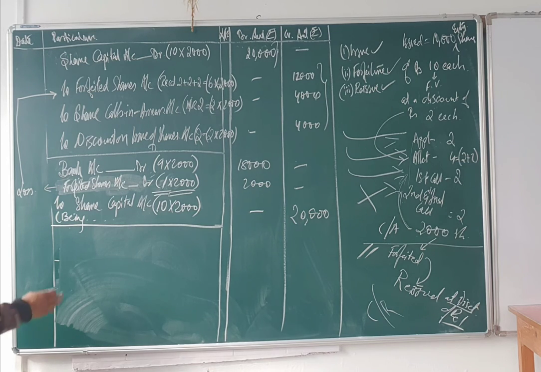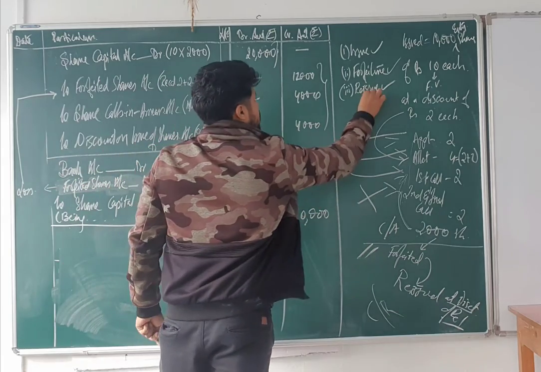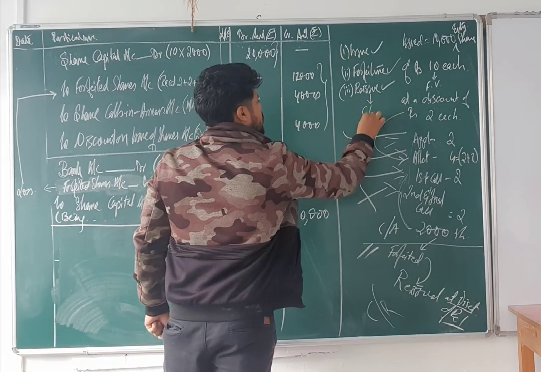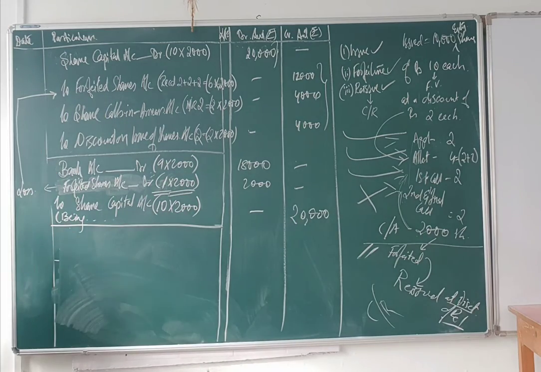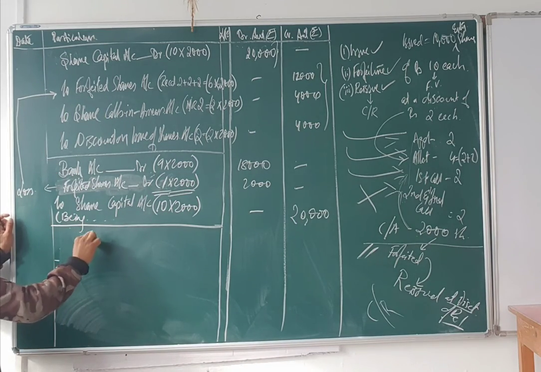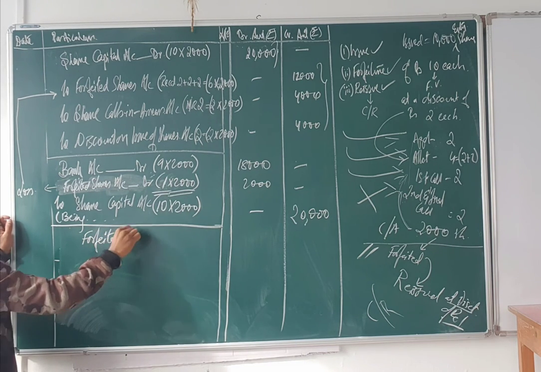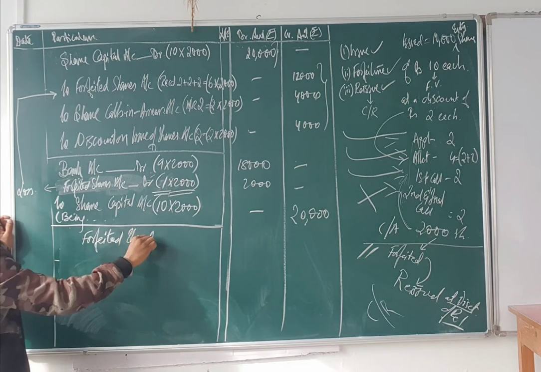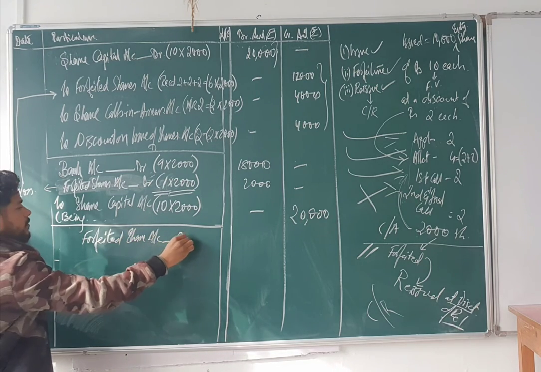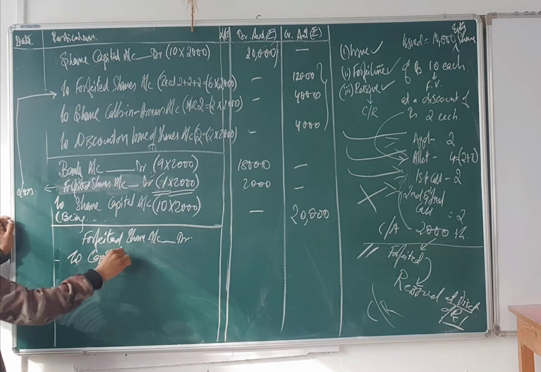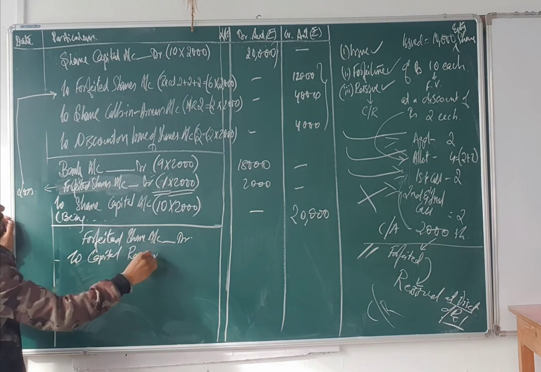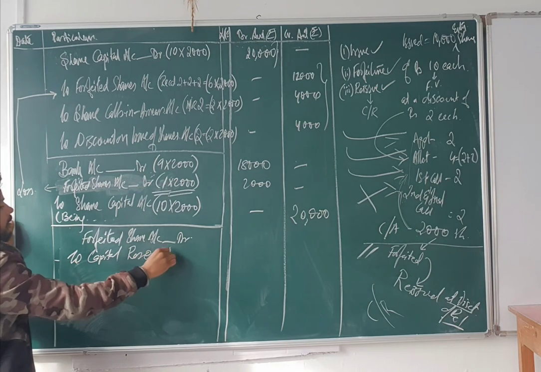Now we have to write down after the issue. Though it's not given in the question, it is always compulsory to write the capital reserve entry. So we'll write forfeited shares account debited to capital reserve account.